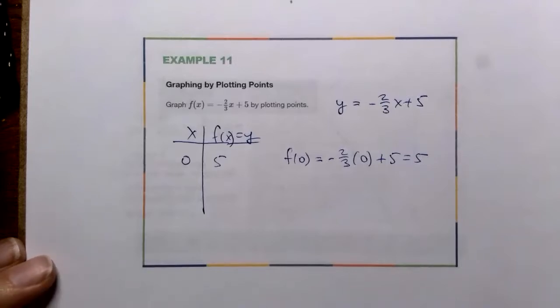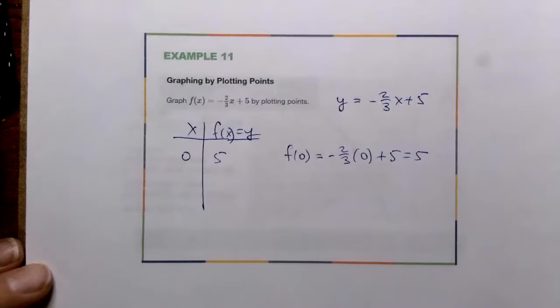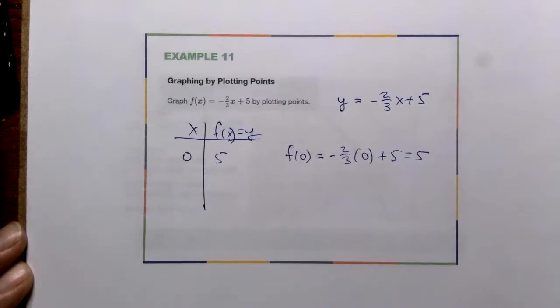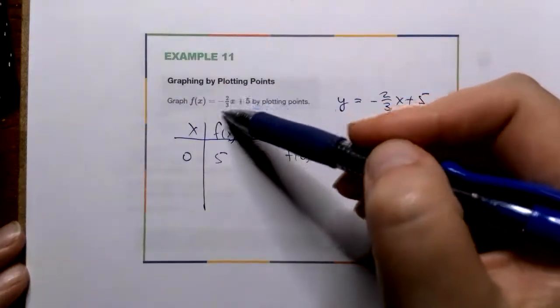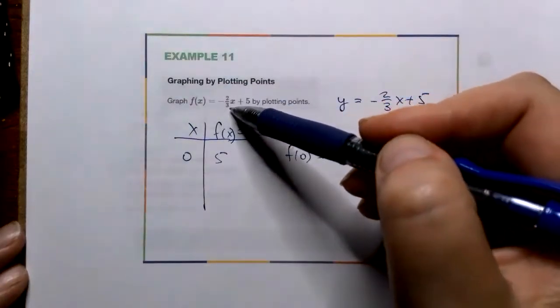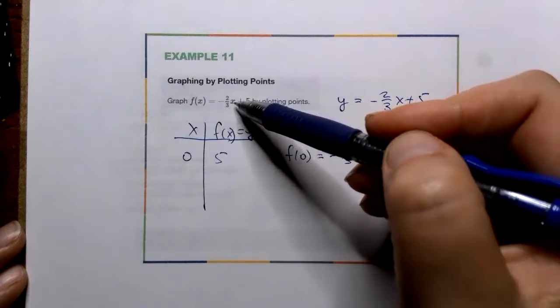Okay, now let's choose another x value. Sometimes it pays to strategize and choose that value strategically. Here's what I mean by it. My rate of change is a fraction, 2/3, that will be multiplied by x.